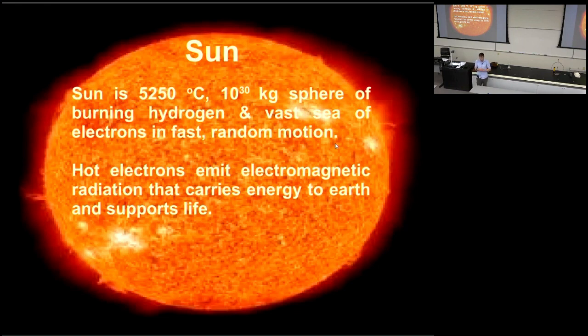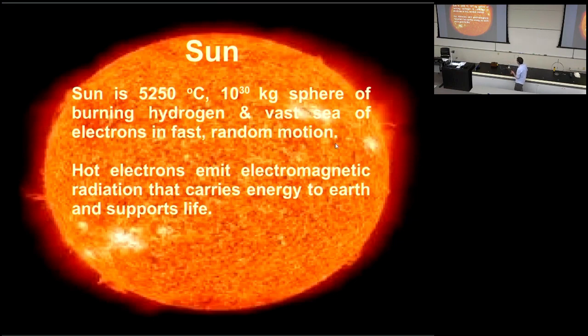Another famous example of a black body, you've heard of this, is the sun. The sun is a black body that radiates a spectrum of radiation that we just named black body radiation.